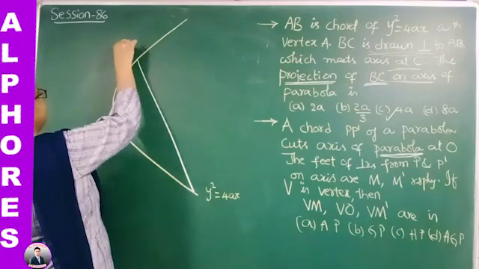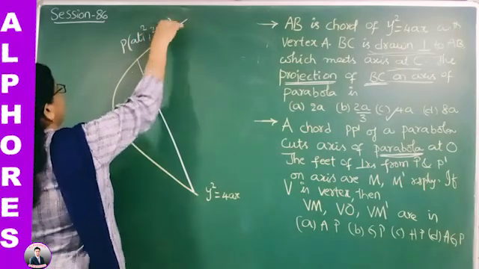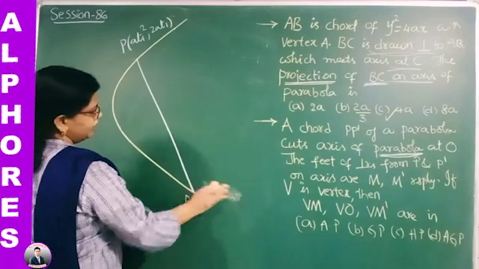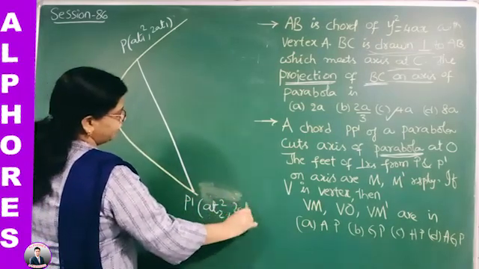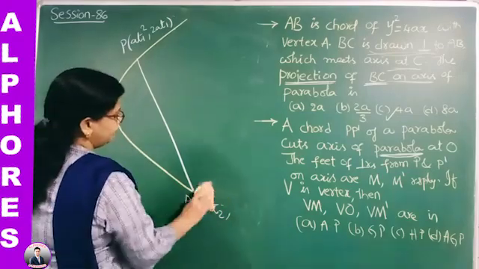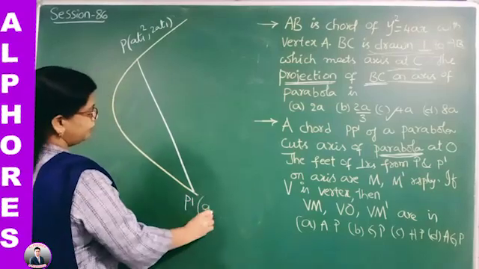So P, suppose I am using at1 square comma 2at1. Okay, and then this is P dash, this point we are taking as at2 square comma 2at2. Okay, so this is the point I am taking. Q point or P dash point, it is nothing but at2 square comma 2at2.